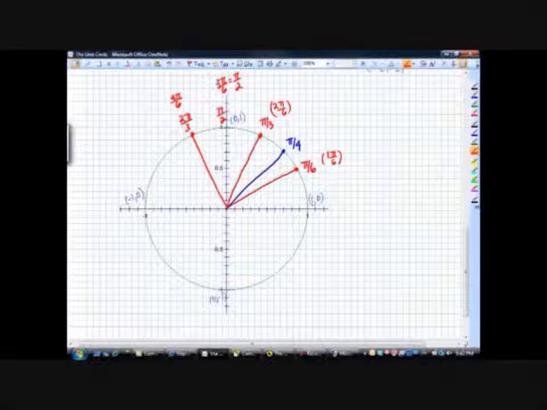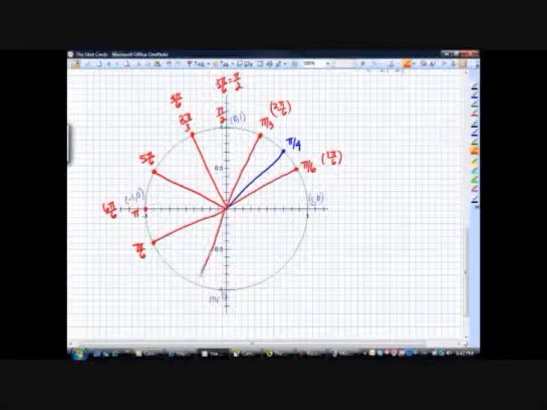Then we need 5 pi over 6, which is also less than pi. Then we move to pi, which is 6 pi over 6. Then we go to 7 pi over 6, which again is not reducible. 8 pi over 6 reduces to 4 pi over 3.